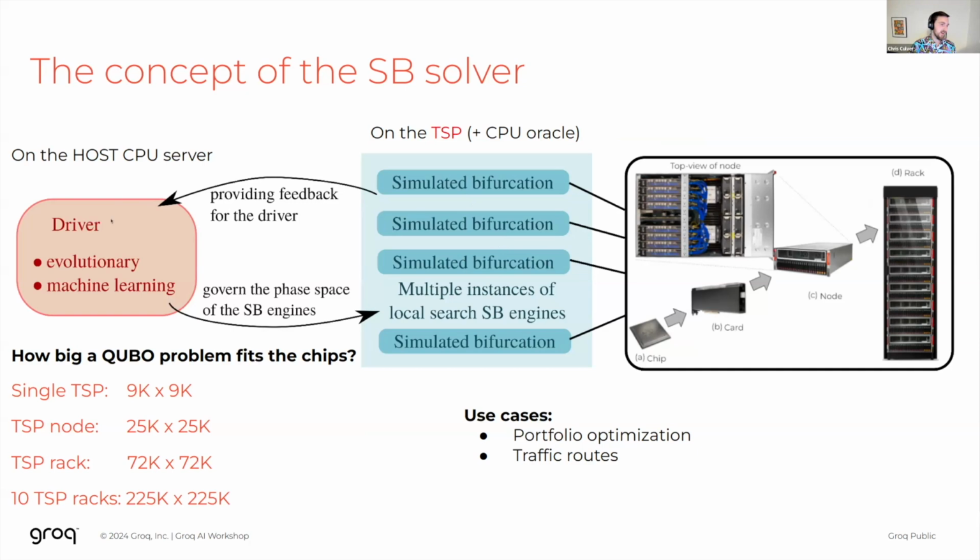So we're able to design situations where the CPU host can be driving the Groq card. The use cases for this are portfolio optimization for financial portfolios, what stocks to invest in when and how much of your portfolio should be invested in each of them, and also traffic route problems. Rather than everybody taking the one highway and clogging it up, how should the traffic naturally divert its courses so that there's even traffic across all of the roads.